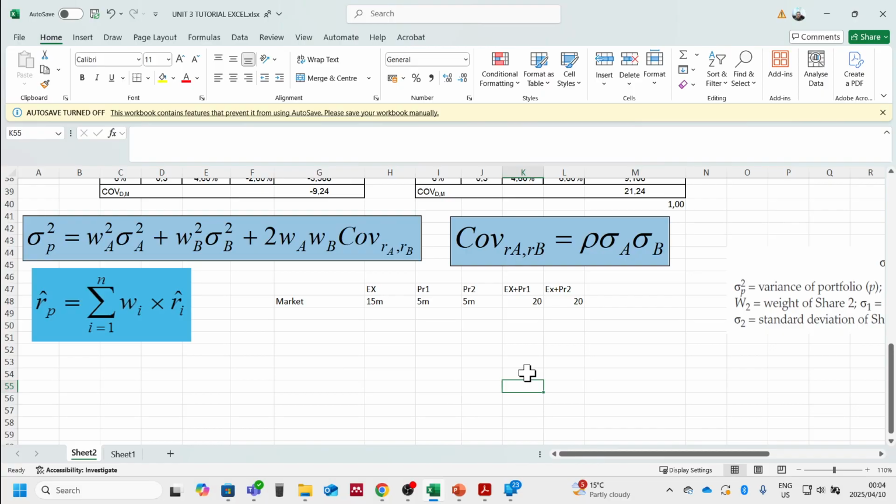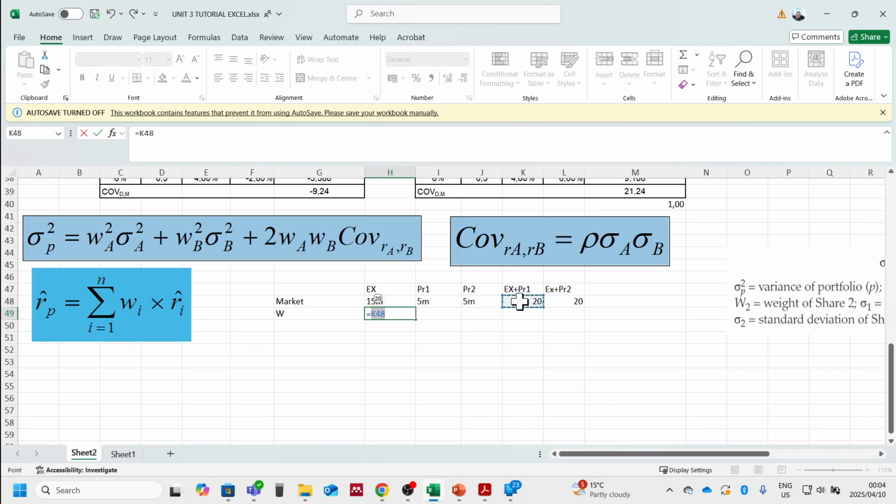So this means that the market value of these projects, when combined, will have the same share. However, in terms of the weight, for existing, because they all share the same weight, it's going to be the same. So over here it's going to be 15 million divided by 20 million. This is gonna give us 0.75.